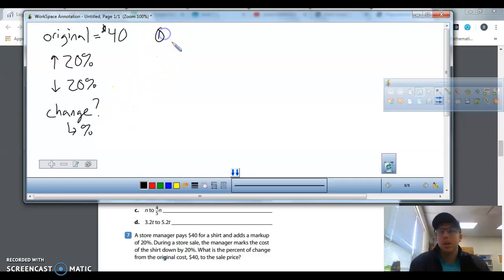First step, we need to find what is 20% of 40. That's going to tell us how much they marked it up by. So we've got 0.20 of 40. If you get a calculator, you can just type in 0.20 times 40. And when you type in 0.20 times 40, you get 8.